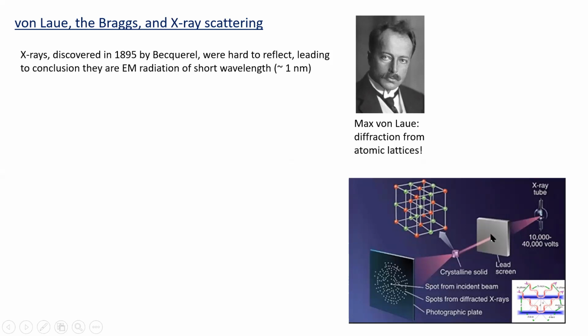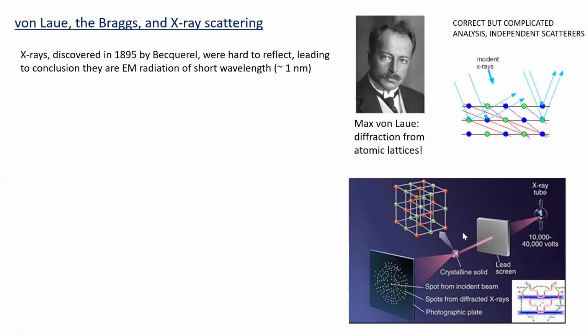The X-rays would come through optionally a lead screen to reduce their intensity. And then a solid, an atomic lattice, would be interposed. The resulting pattern would be shown on a screen, a photographic plate here, and the original beam would shine through. Some of the X-rays would go through unchanged, undiffracted, but it was found that there was a pattern of spots whose geometry reflected the geometry of the atomic lattice in a very interesting way.